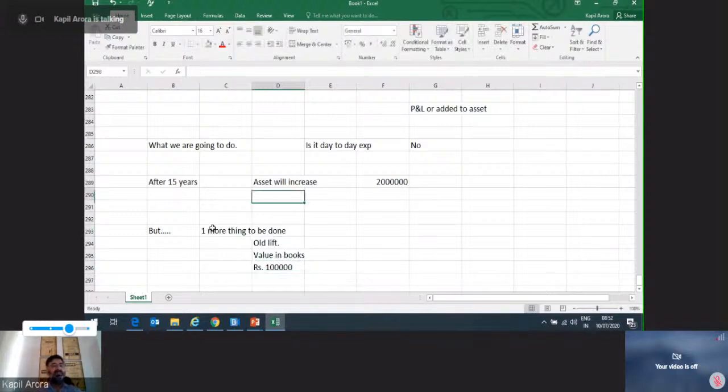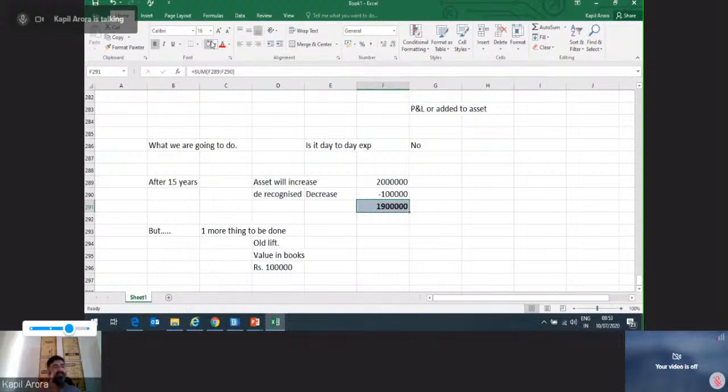So asset will increase with 20 lakh, whereas the old asset which is there in the books will be de-recognized and it will decrease the asset with 1 lakh. So eventually my asset is going to get increased with 19 lakh, not the 20 lakhs only.